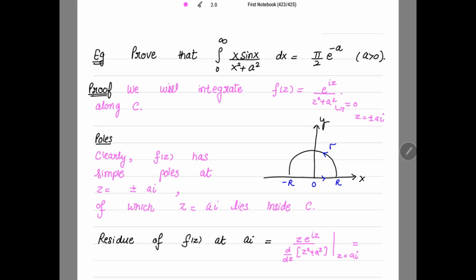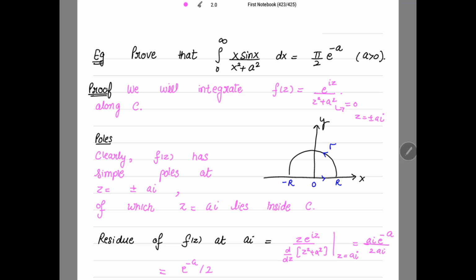Putting z equal to a iota, it is a iota e to the power negative a, because iota squared is minus 1, over the derivative, which is 2z, so 2a iota. The residue is e to the power negative a over 2.